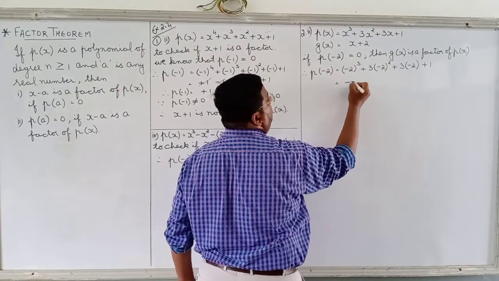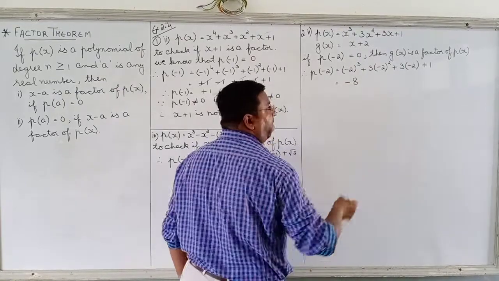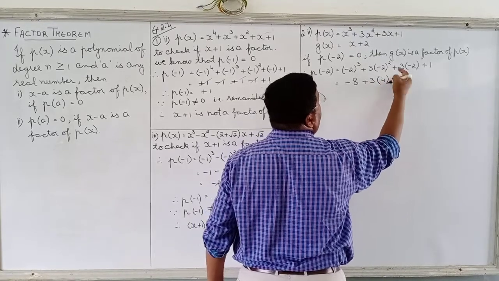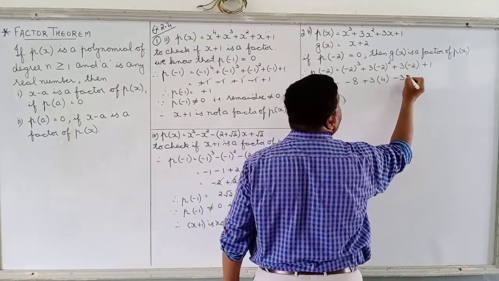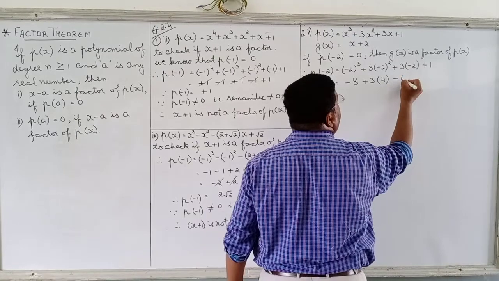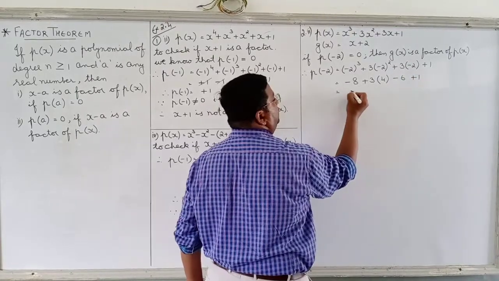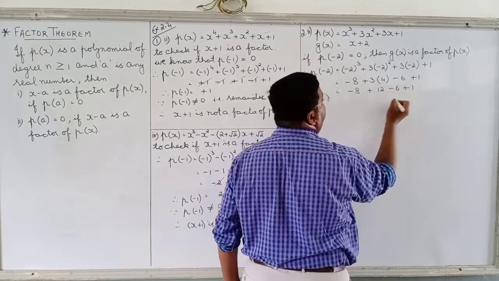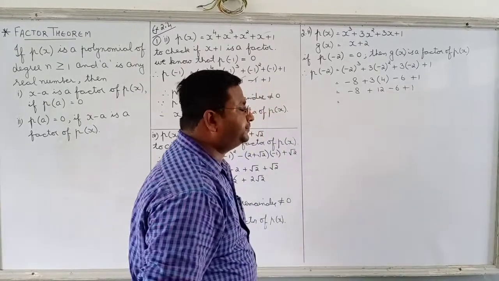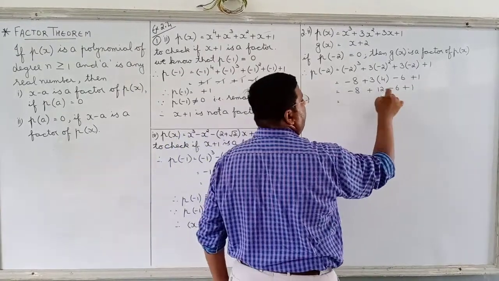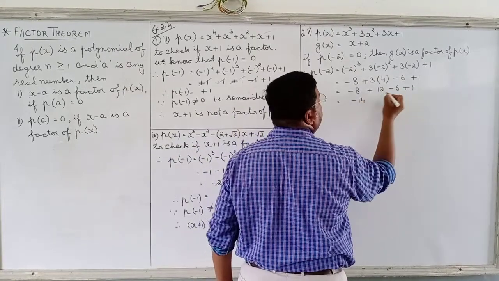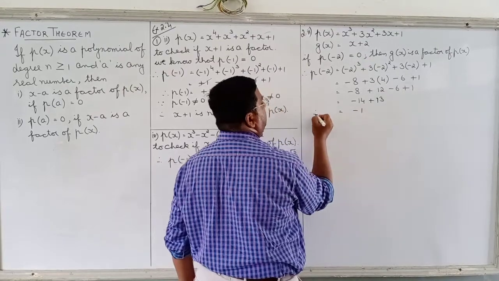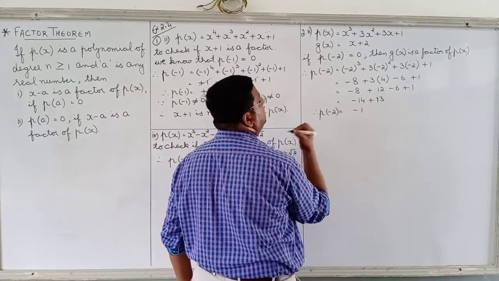Minus 2 cube is minus 8, plus 3 into minus 2 square, 3 fours are 12, minus 6, plus 1. Minus 8 and minus 6 is minus 14, 12 plus 1 is 13. So minus 14 plus 13, minus 1. P of minus 2 is equal to minus 1.